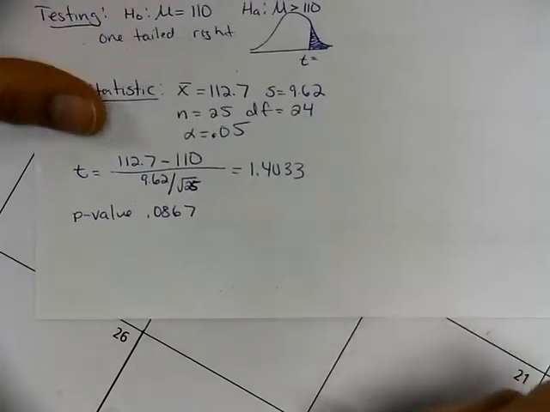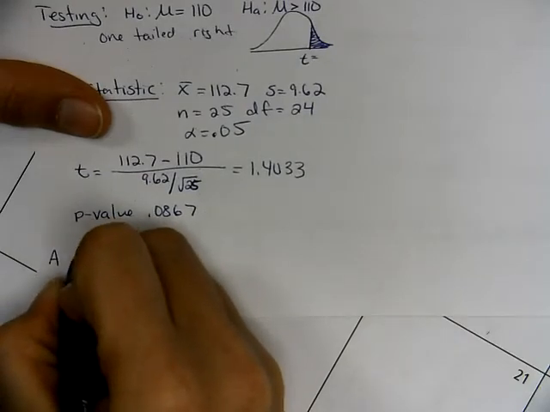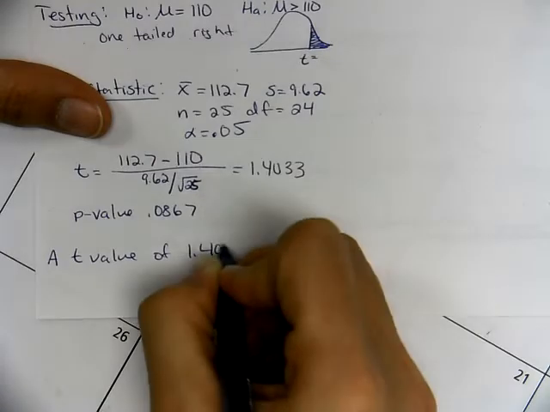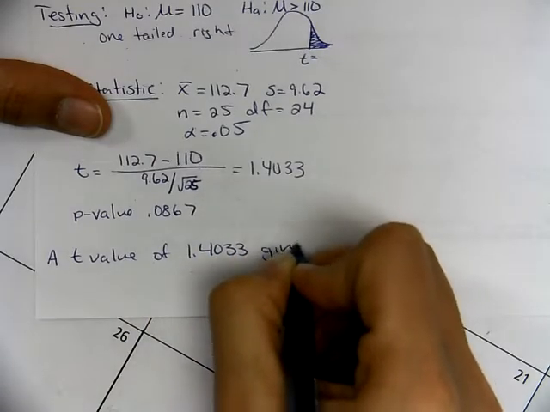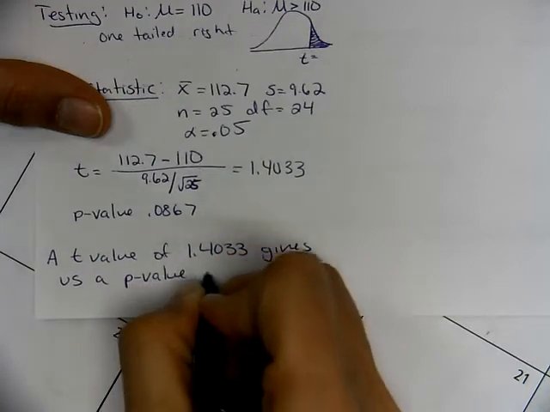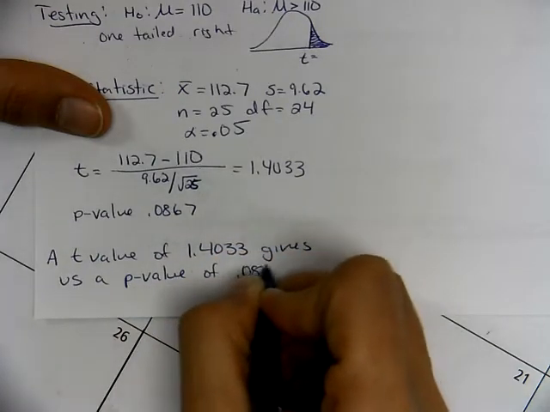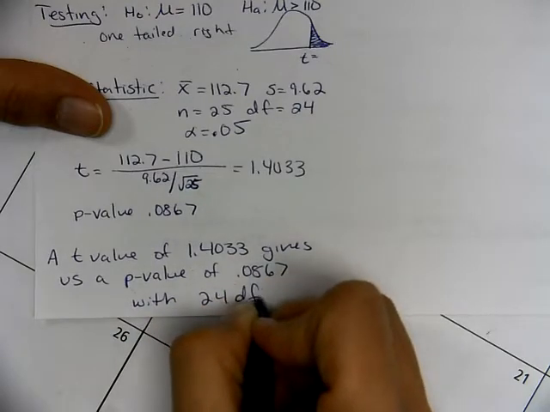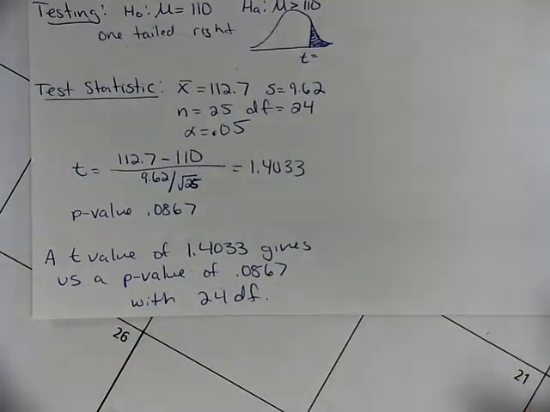So, then write out your sentence. A t-value of 1.4033 gives us a p-value of 0.0867 with 24 degrees of freedom. The biggest mistake people make is they forget to put degrees of freedom.